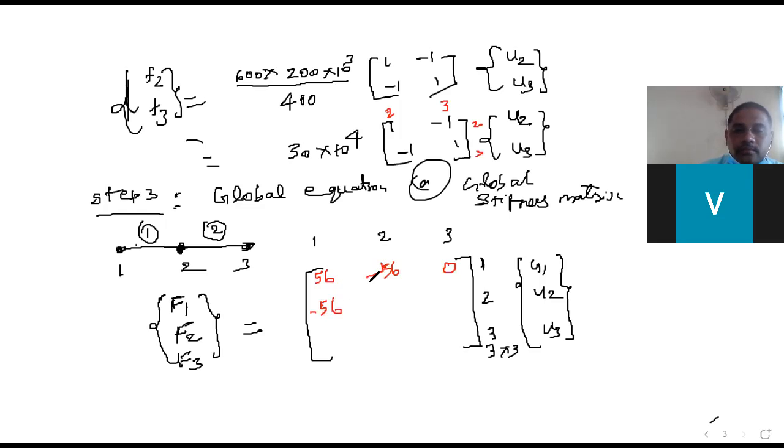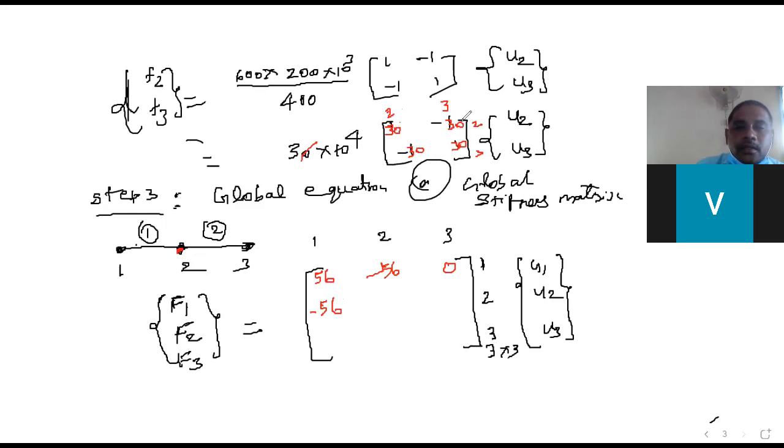Minus 56 here. In 2, 2, as I said, it is shared by both the elements. Otherwise, simply we can say we'll be having two values in 2, 2. Here you'll be having 30. You just input 30 here, and here it is minus 30, minus 30 plus 30 here.